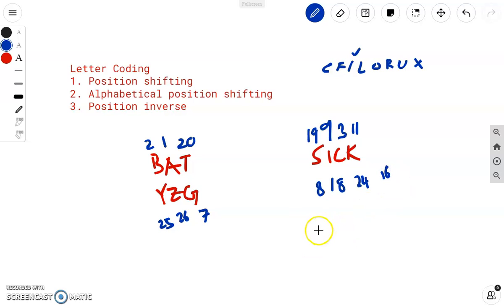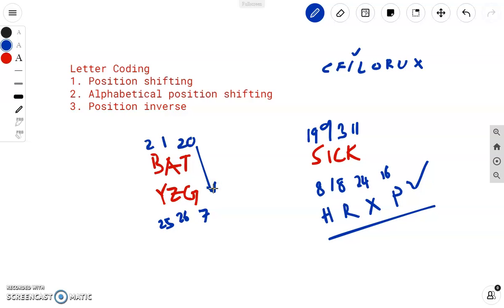Now who is 8? H is 8. Who is 18? R is 18. Who is 24? It is X. And who is 16? O is 15, so 16 must be P. So HRXP will be the code for sick in that particular manner.